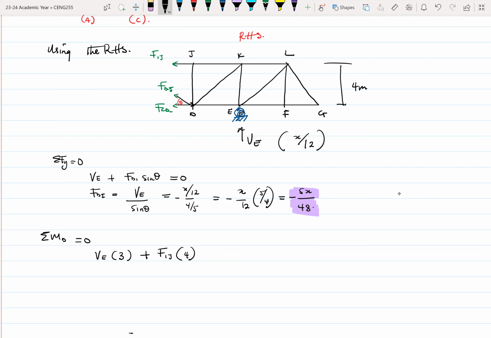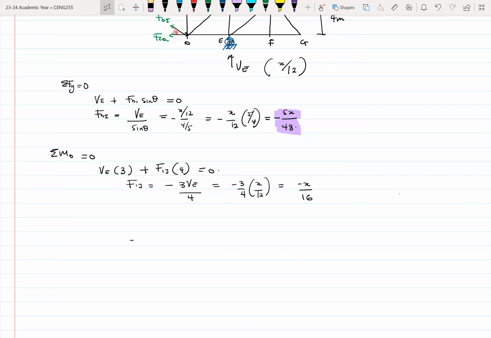Please take note. So all of this is going to be 0, so it means that our FIJ is equal to minus 3VE over 4. And this is minus 3 over 4 times x over 12. So this will give us minus x over 16. All right, 3 over 4 times 1 over 12 is 1 over 16. So this becomes your FIJ.